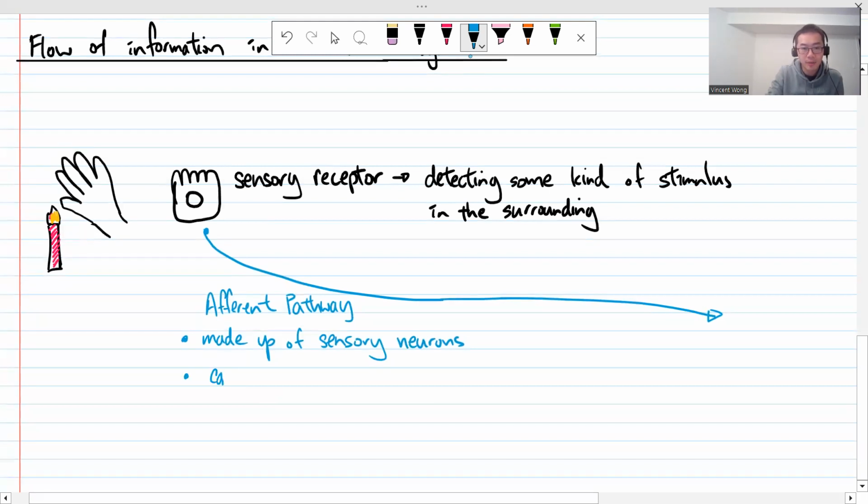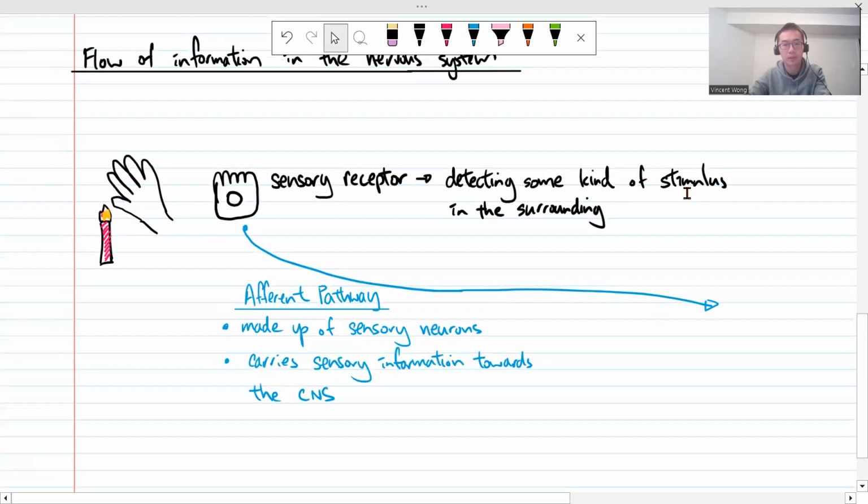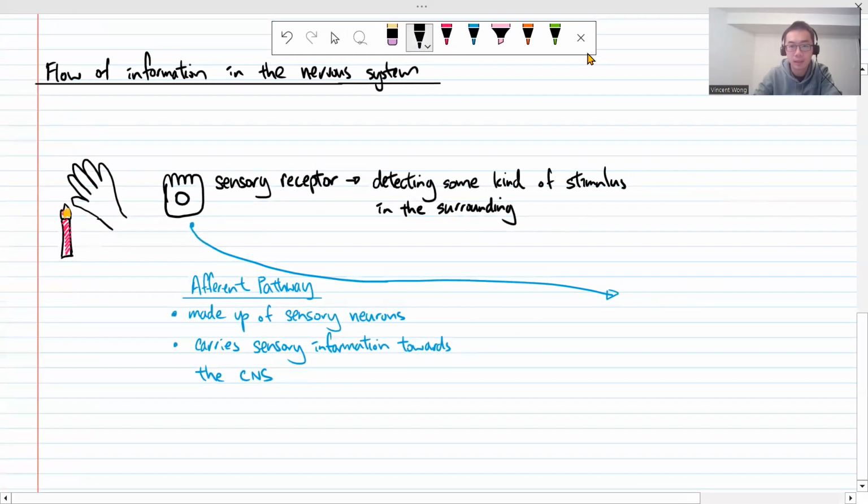What does it do? The afferent pathway carries sensory information towards the central nervous system. So I'm going to put a dot here.